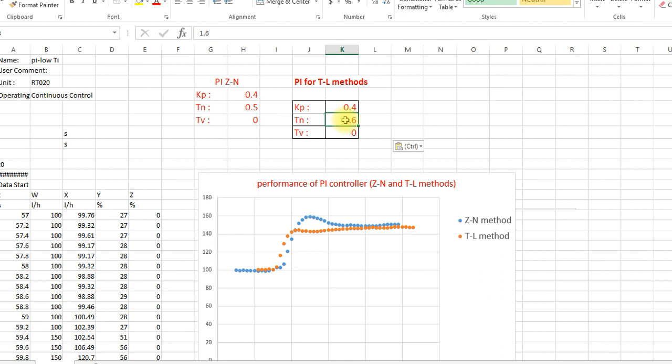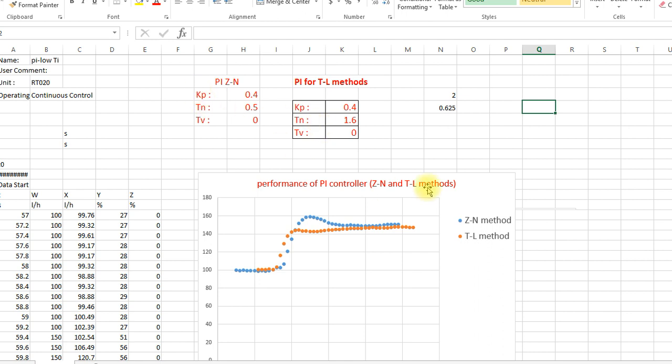As you know, integral time works as the inverse, 1 over tau I. So in this case Ziegler is 1 over 0.5, so this is 2, and for TL 1 over 1.6. So this number is higher, so we expect here the response will be faster, aggressive. Okay, so this is the comparison of the TL method and Zn.